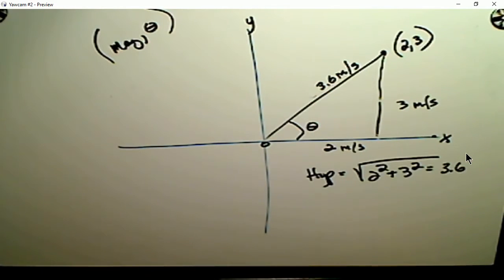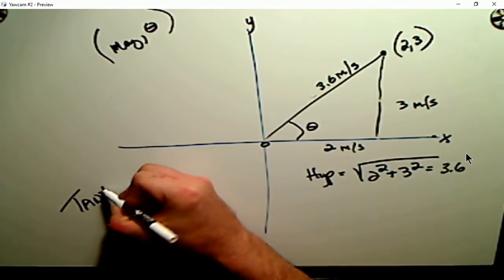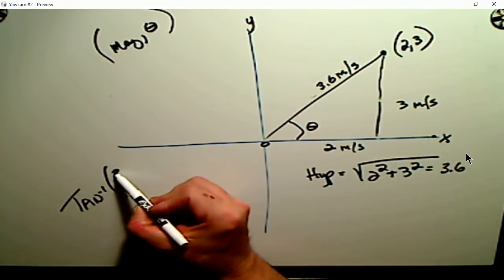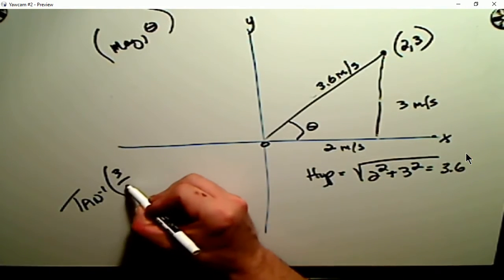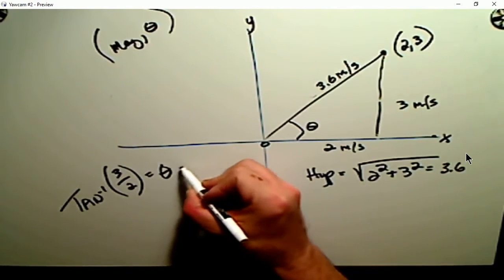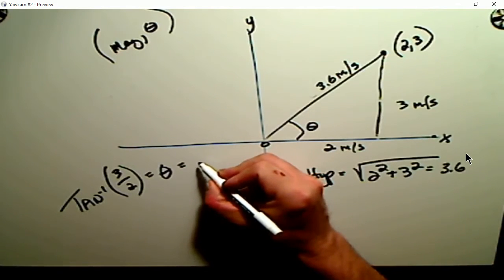Now, remember what we did previously. How would I get what this angle is? Tan inverse of the opposite side, 3, over the adjacent side, 2, will give me my angle. Let me get my calculator out here, and I'll do that. And we come up with 56 degrees.